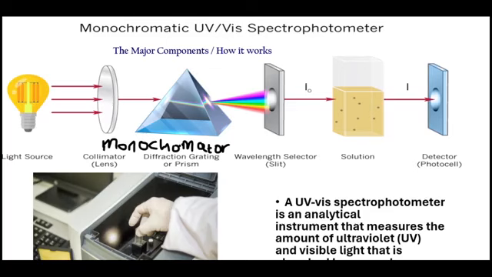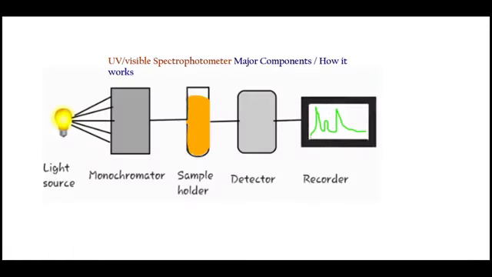The selector slit then passes the incident light to the solution. The solution absorbs some of the light, and the light which is not absorbed by the solution hits the detector, which we read as the color of the compound.